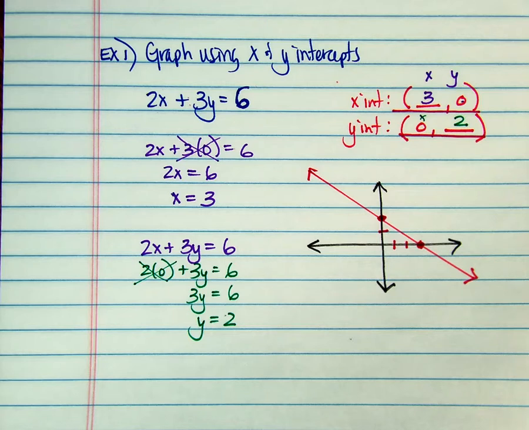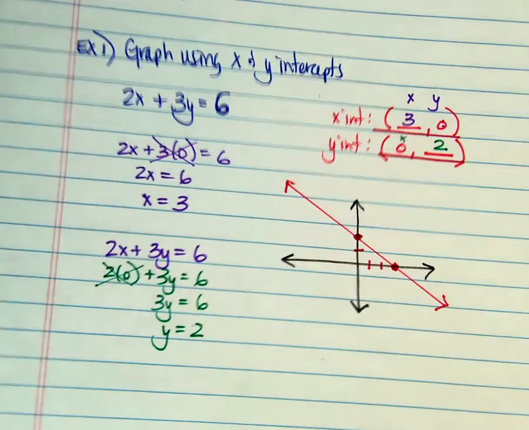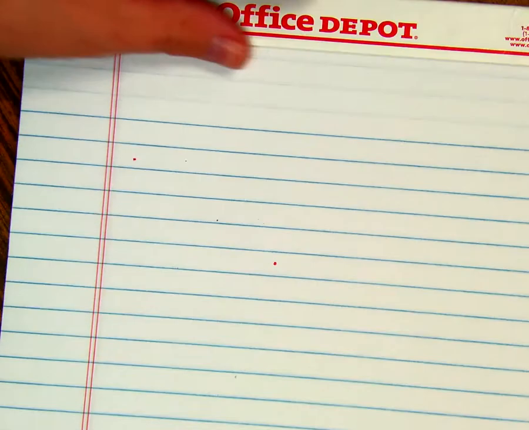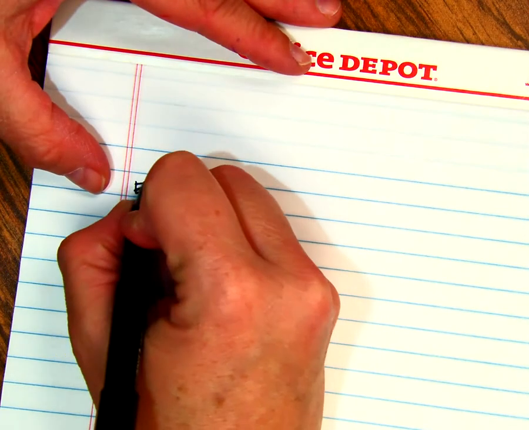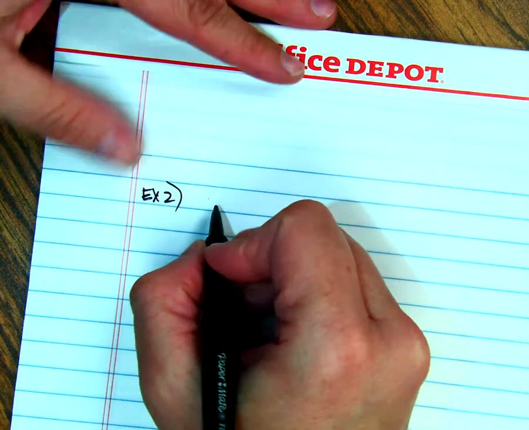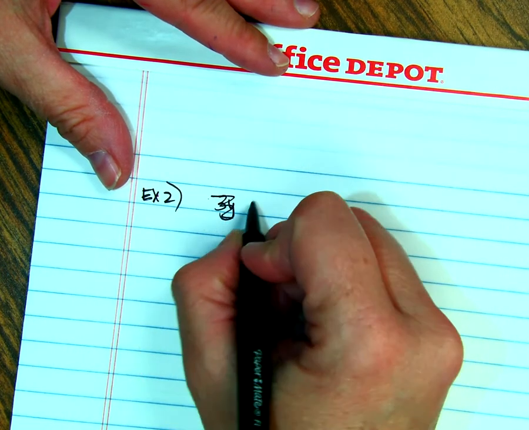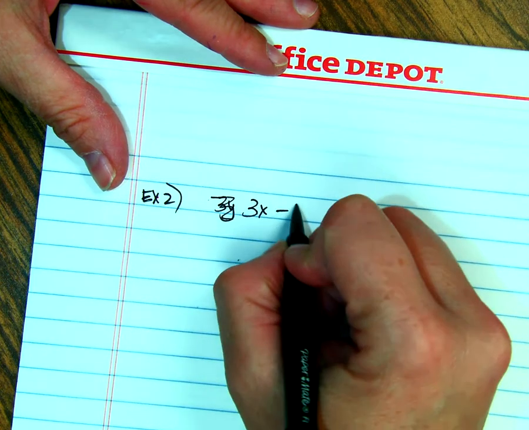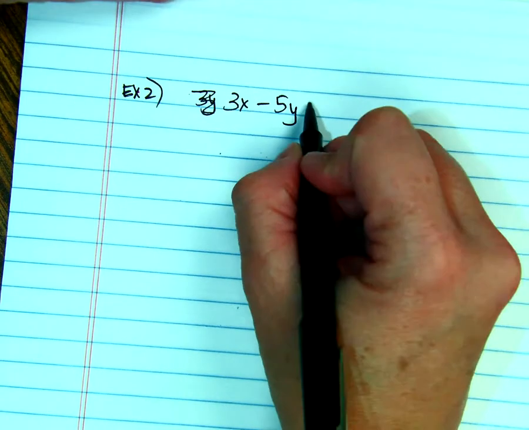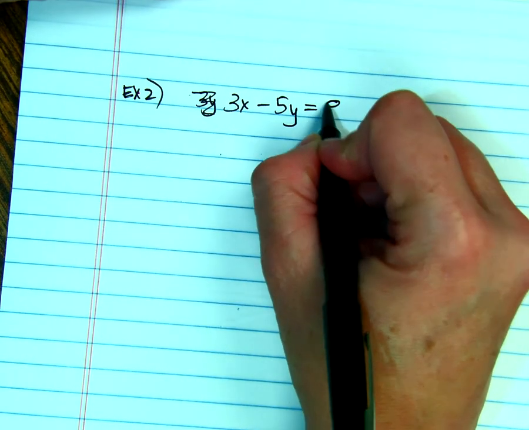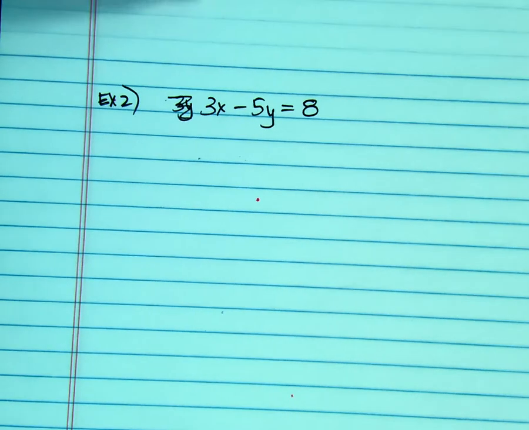Okay. Let's do one more of those that's maybe not so neat. 3x minus 5y equals 8. Now this is not going to be a pretty one.